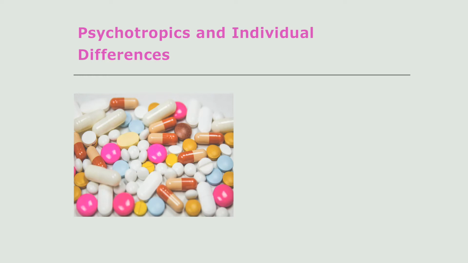Individual differences in terms of constitutional factors like disease state, organ functions, or the effect of food and other drugs on an individual all affect the high variability with respect to how different patients respond to different drugs.